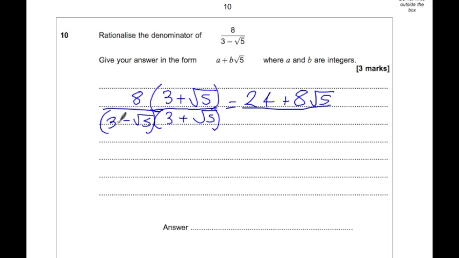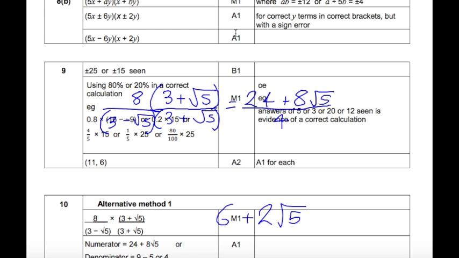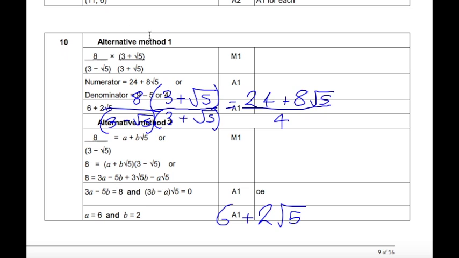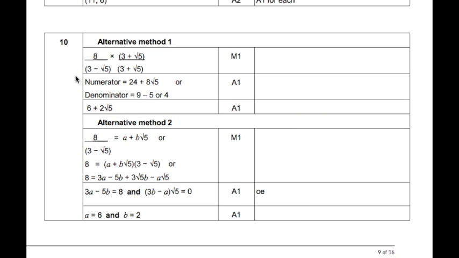So 3 squared is 9, take away root 5 squared, which is 5, so that's 4. So 24 divided by 4 is 6, 8 root 5 divided by 4 is 2 root 5. Okay, so a mark for timesing by that, a mark for your numerator or the denominator, and a mark for 6 plus 2 root 5.